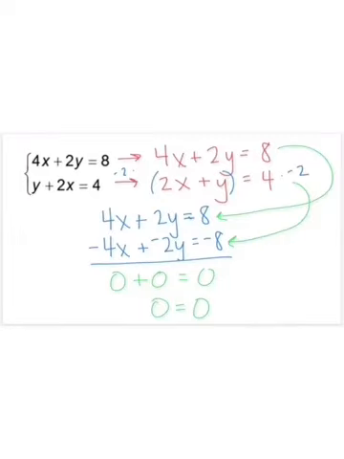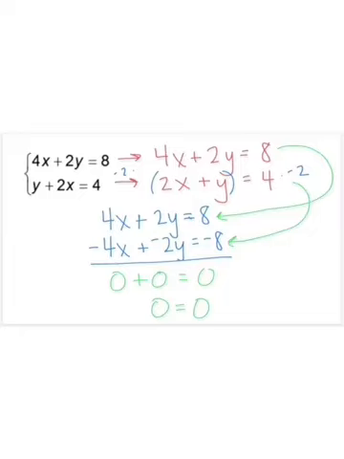And then finally, we're looking at our equations here for this system. I put them in standard form, ax plus by equals c. Then for that second equation, I multiplied on both sides by -2. That helped me line up all of my variables and my coefficients so that they zeroed out.